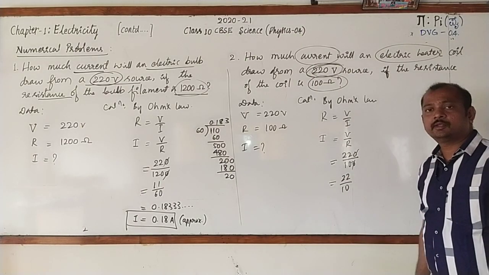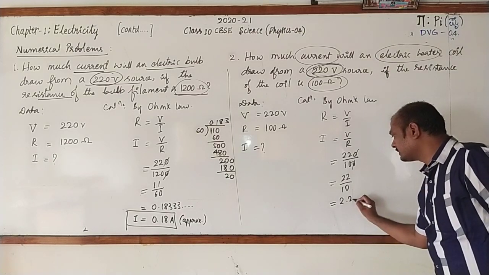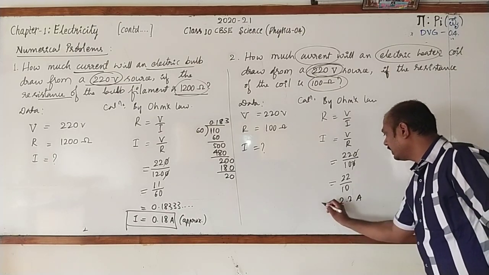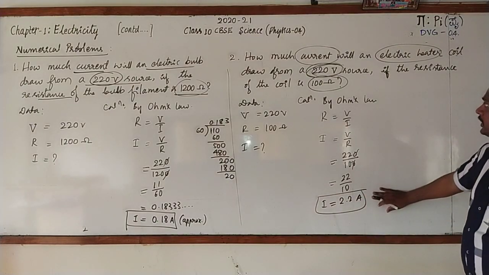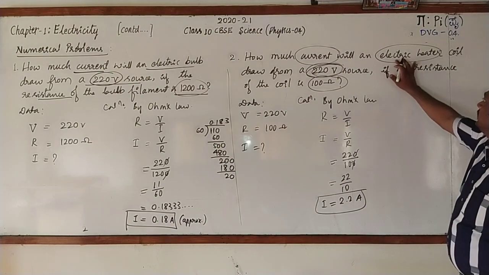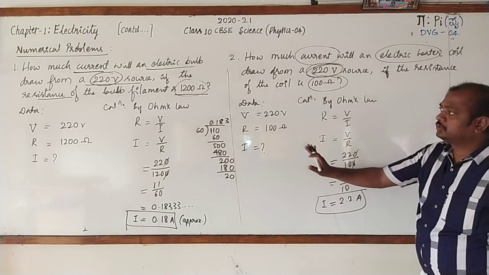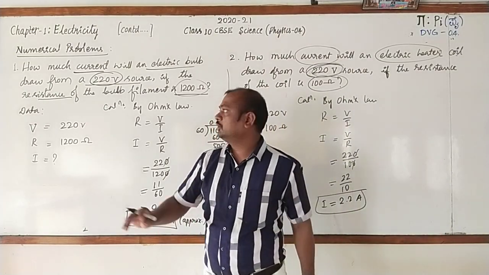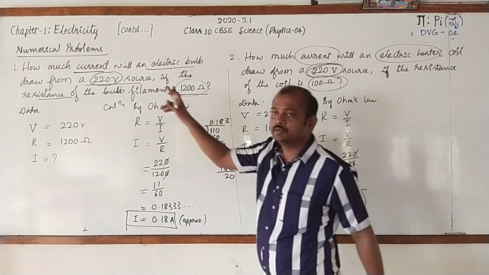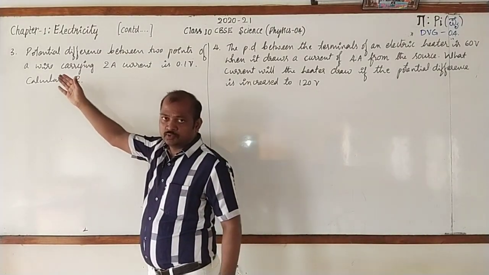And don't go for cancelling by 2, because denominator 10 is there. You can write it directly as 2.2. Current is 2.2 amps. So this much amount of current is drawn by the electric heater coil. Understood? So these two are important ones. Now by pausing the video, you have to copy from here to here. Copy. Okay, let's move on to the third one.